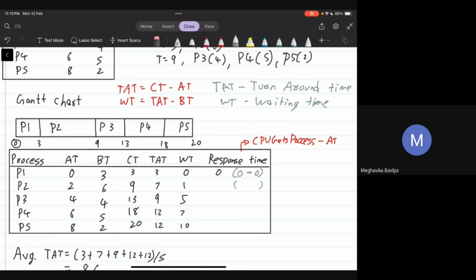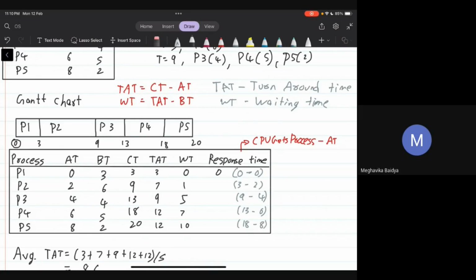For P2, the CPU gets processed at 3 and the arrival time is 2. For P3, the CPU gets processed at 9 and the arrival time is 4. And then this is 13 minus 6 and this is 18 minus 8.